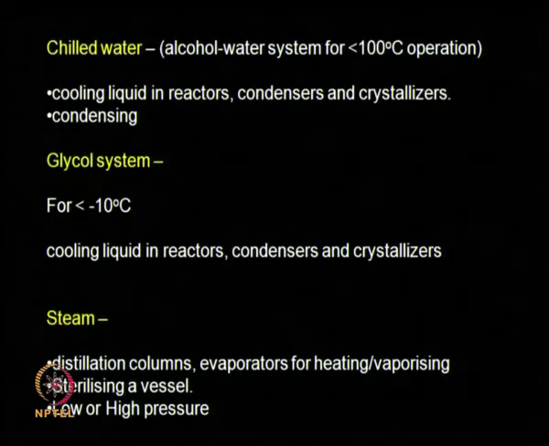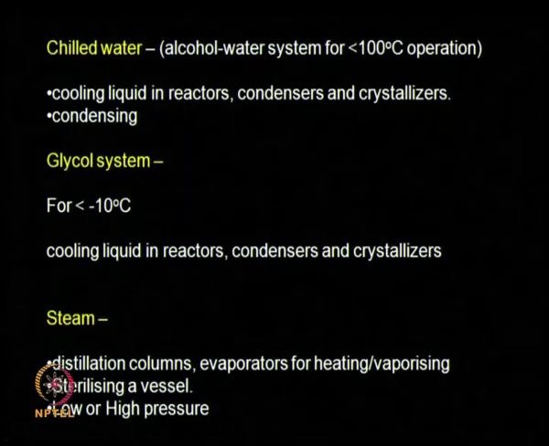Up to 130, 140 degrees centigrade we may be able to use low pressure steam. If you want 150, 160 degrees centigrade, you go to high pressure steam. So a distillation column may require high pressure steam, whereas for sterilization, heating the reactor or columns or other vessels, you may go for low pressure steam.